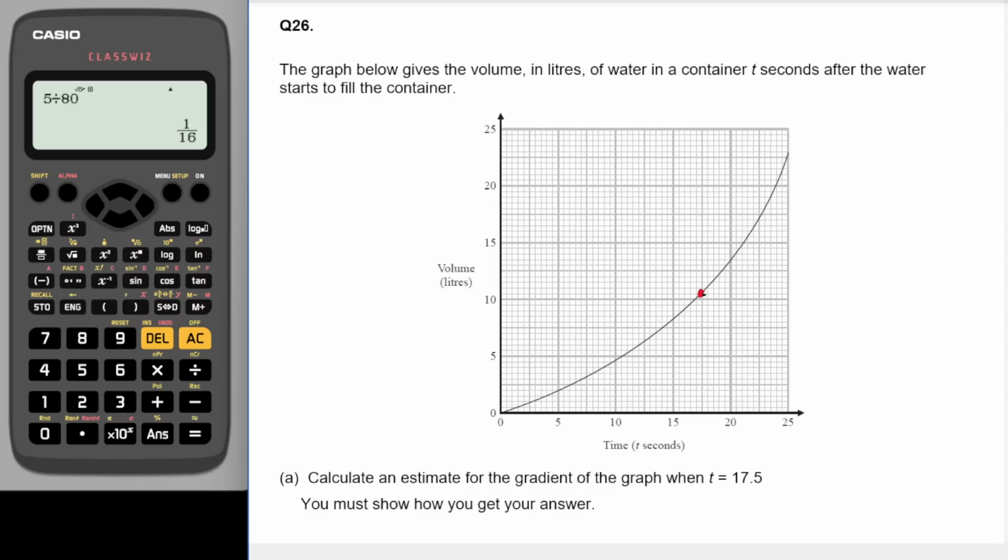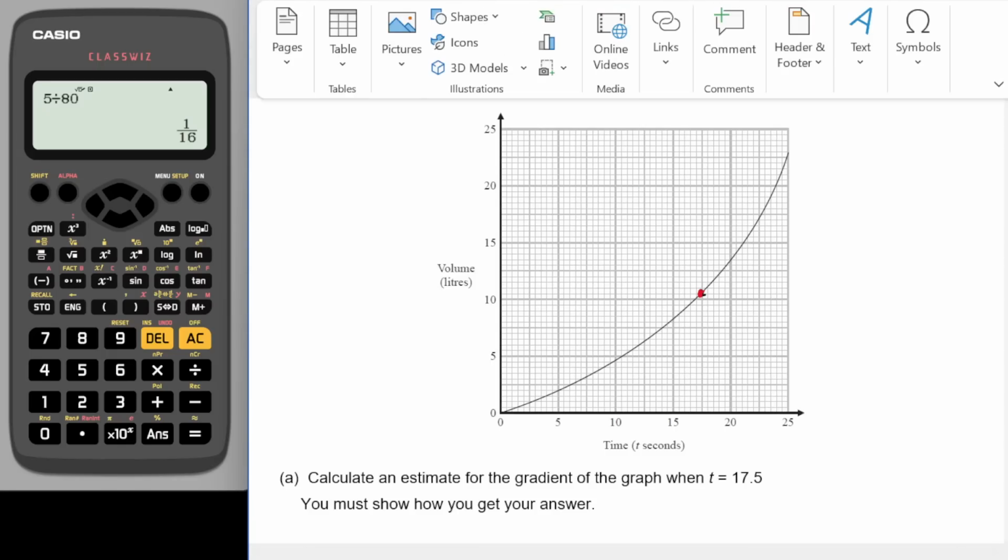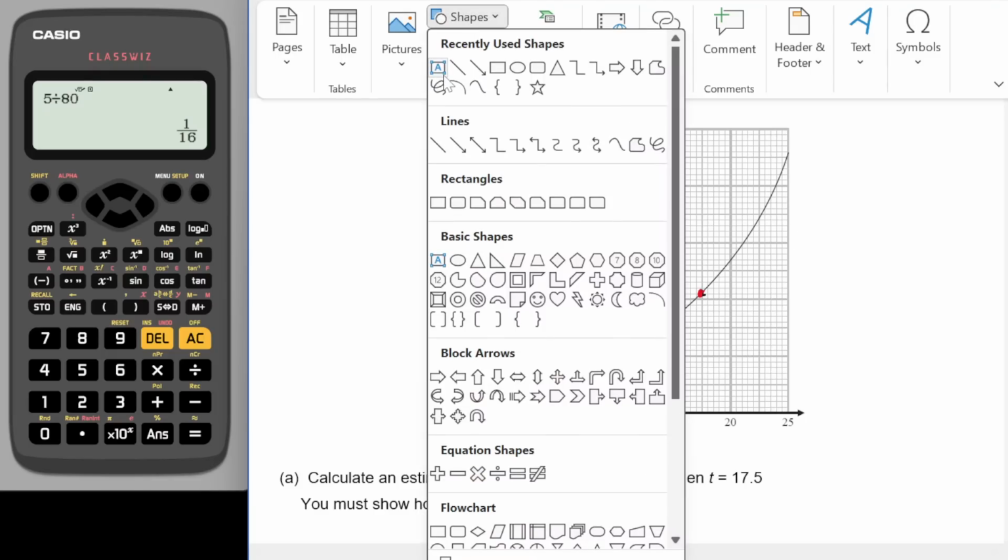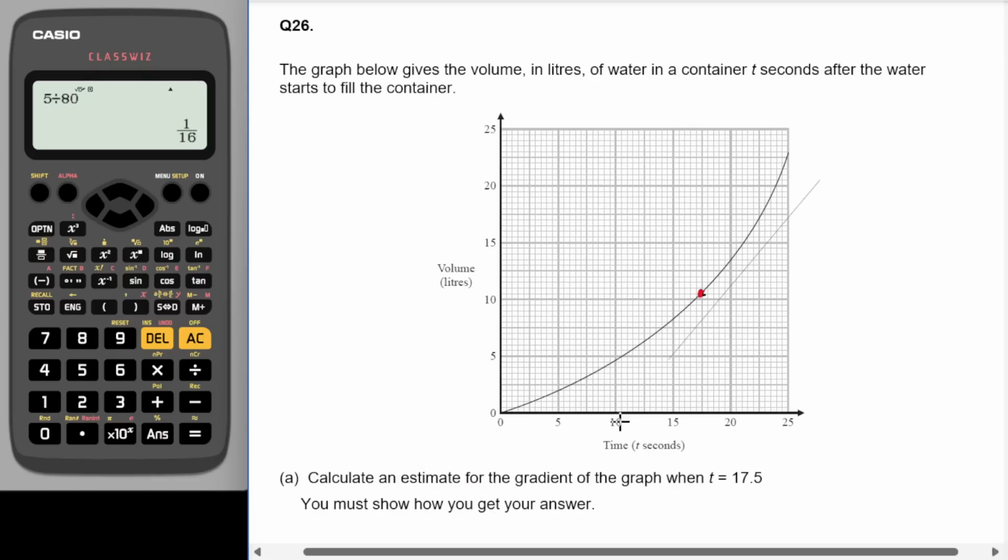Right, I want to add a tangent then, so I'm going to do that using a straight line. Right, I want to just touch at that point. That looks pretty good.